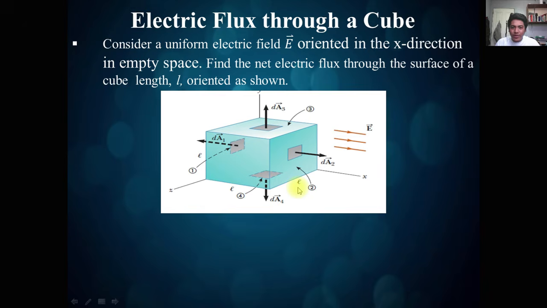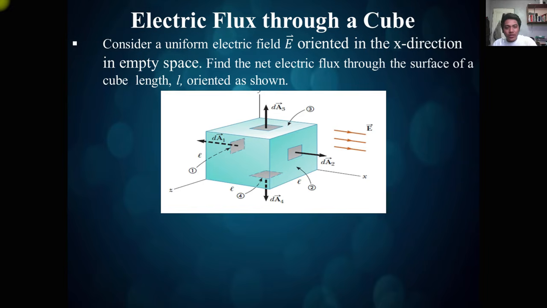And would you agree also that the other face of the cube, this dA sub 1, has its normal vector facing the negative x direction? Would you agree with me that there is an electric flux there too? Yes, because the angle between dA sub 1 and the electric field vector, which is traversing the positive x, and the normal vector traversing the negative x direction, is a straight line. The angle between them is 180.